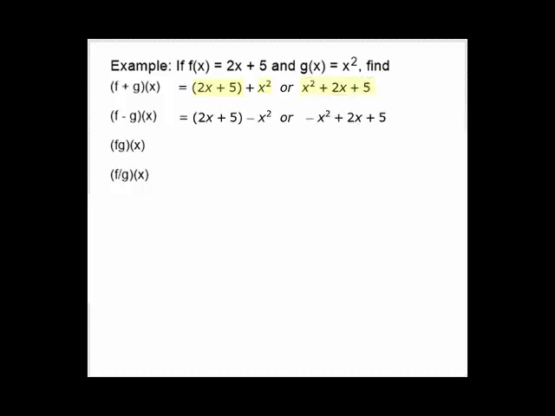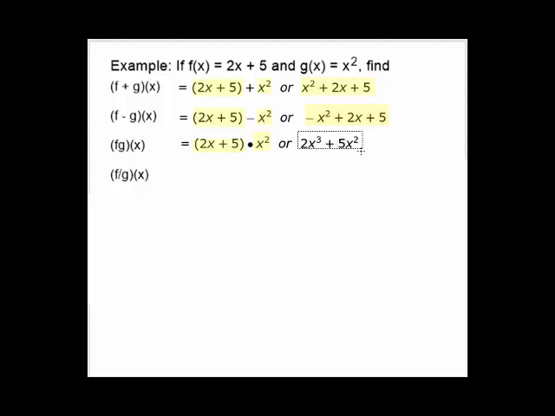To find f minus g of x, we subtract the formulas. The f of x formula of 2x plus 5 minus the g of x formula of x squared, and we can simplify that as negative x squared plus 2x plus 5. F times g of x is, as you would expect, the multiplication of the formulas. We take 2x plus 5, the formula for f of x, times x squared, the formula for g of x, and multiply them together.